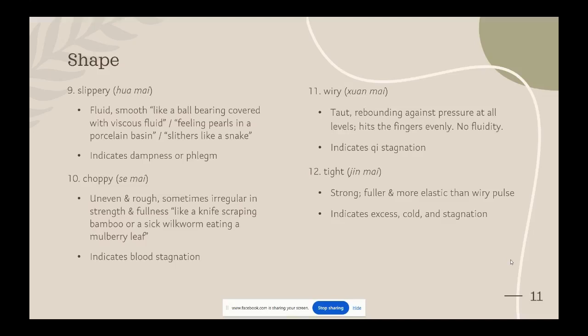I understand it to be a thin pulse, but apparently it's fuller than a wiry pulse. I think when you look at the person holistically, you can get a better sense of what you're feeling. On its own, a tight pulse could indicate excess, cold, or stagnation, and like we were saying before, this pulse quality paired with the floating quality, and maybe the rapidness, could be indicative of yin deficiency.